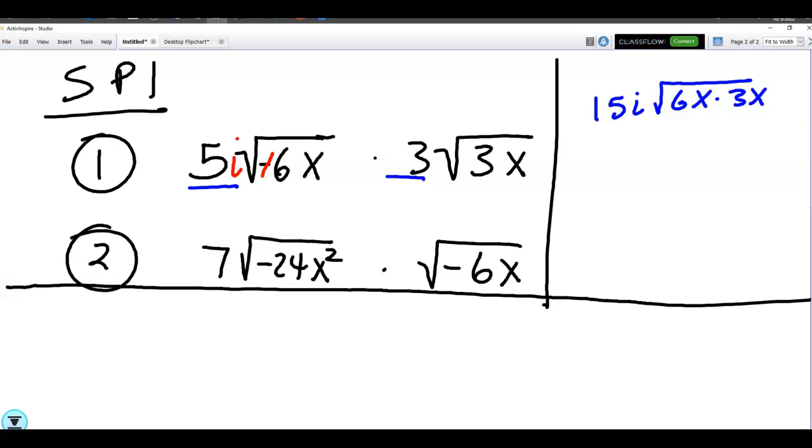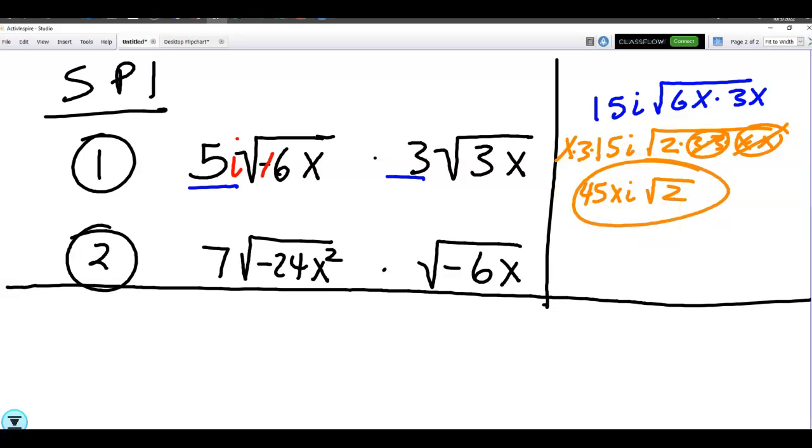Whenever you break down your 6x and 3x, you should have gotten a 2, two 3's, and two x's all together, which means we could take out a 3, and you can take out an x. So on the outside, I've got x times 3 times 15 times i, which is 45xi square root 2. Final answer for that one.